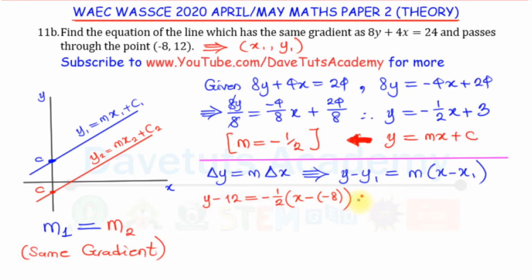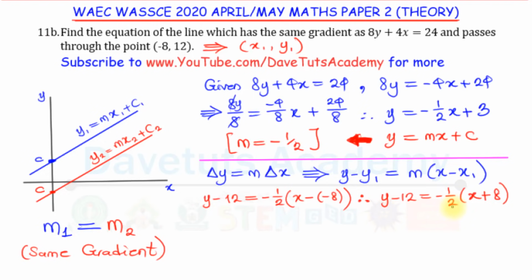And this will mean that we have y minus 12 is equal to minus 1 over 2 multiplied by x. When we say minus 8, it's like we are multiplying two negative numbers, okay? And the product of two negative numbers is a positive number, so we have this to be plus 8, okay? So having done that, what we can also do is cross multiply these two at the numerator.